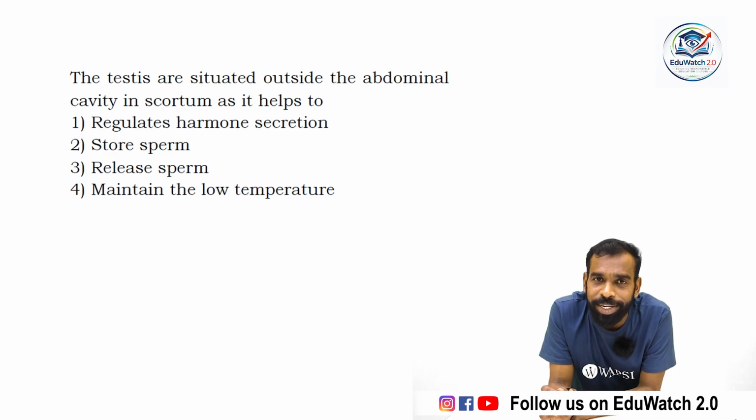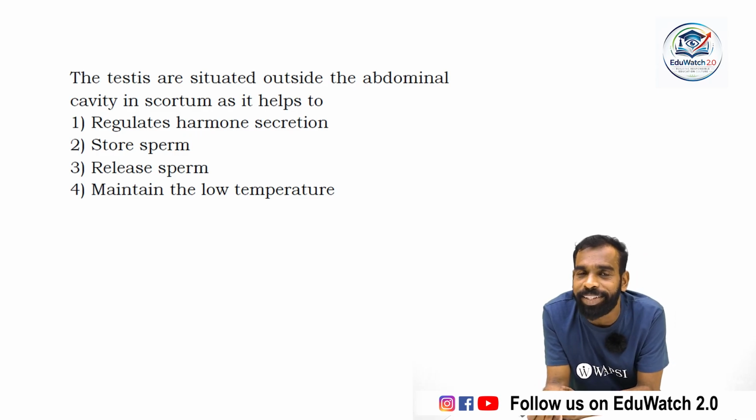The spermatogenesis process takes place inside the seminiferous tubule. The seminiferous tubule is part of the testis, and each testis has 250 compartments. The testes are located outside the abdominal cavity, within a sac-like structure called the scrotum.